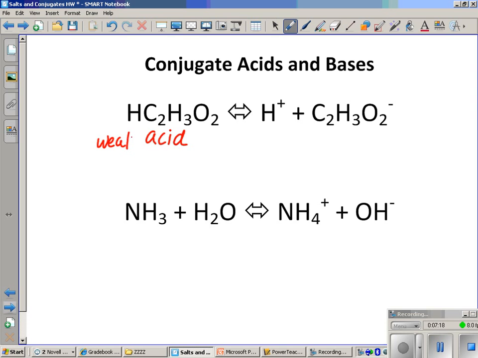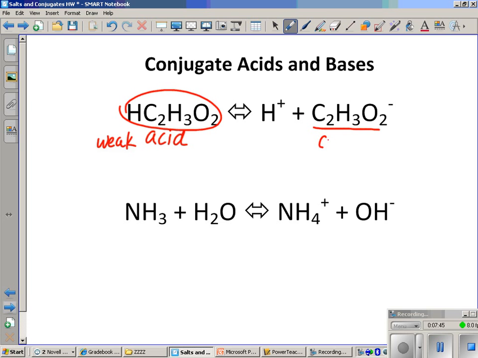This is a weak acid, so we're going to end up with more of this than ion produced, but there is still a little ion produced. So if you have an acid on your reactant side, on the other side there is something called a conjugate base. And that conjugate base has a purpose, and we're going to eventually get into that, but for today it's just about terminology. The only difference between your acid and your conjugate base is the difference of an H+.